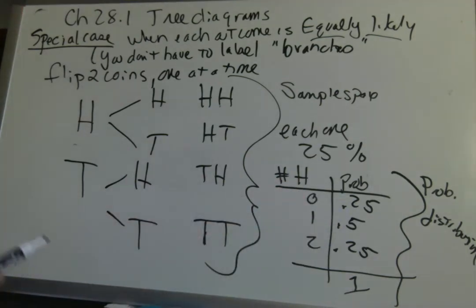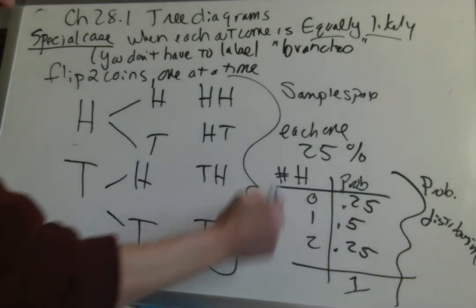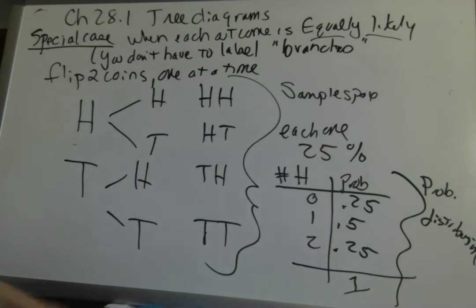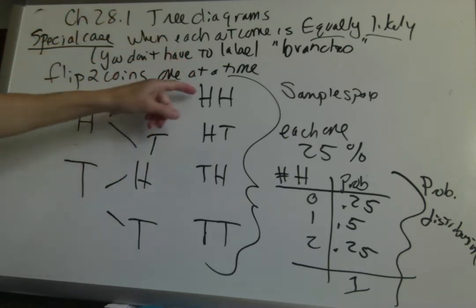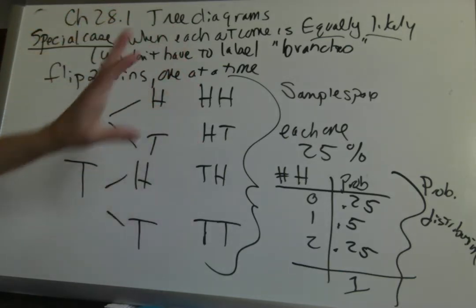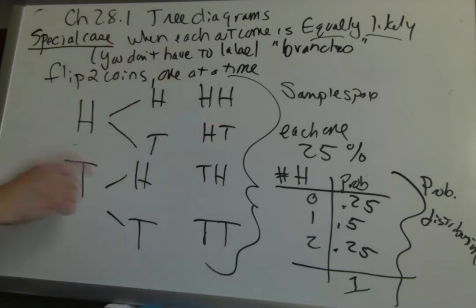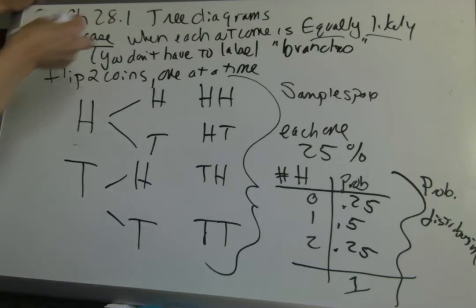All probabilities add to 1 because that's out of that 100%, the unit whole, right? So we could organize it like that. So that's the first level of probability, where it's equally likely. There's no fancy labels. They just look to see they got 4 different things. Each one is 1/4. But that only works for equally likely. So let's up this a little bit more.